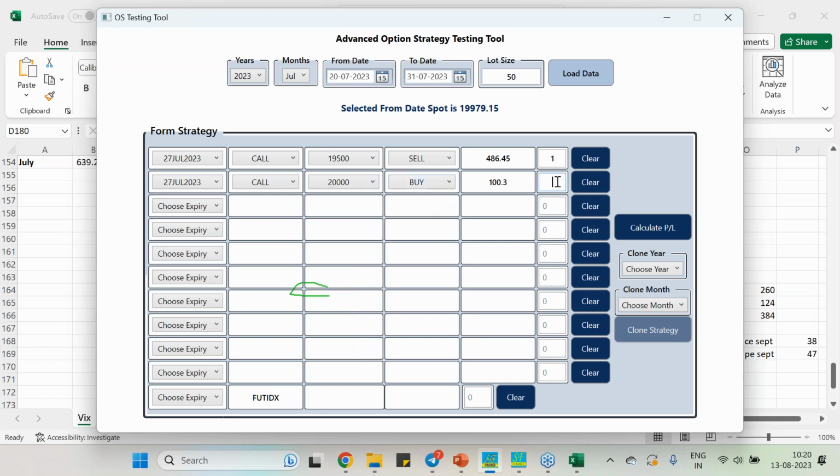So buying one lot, 386 rupees is my credit I am receiving. I have 114 rupees as the risk. This is the simple thing I have taken: sold an in the money call, bought a just out of the money call. By this process I have received 486.